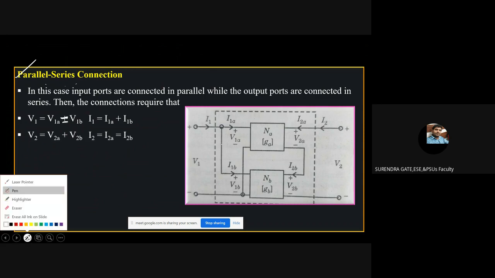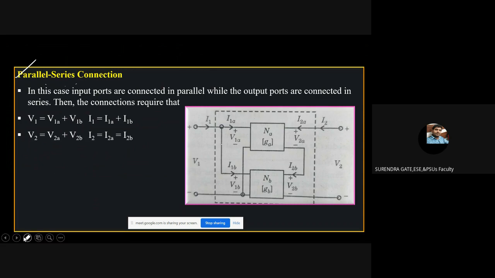V1 equal to V1A equal to V1B. Please correct this, because in parallel connection voltages are equal, but currents are added. In series connection, voltages are added and currents are equal.